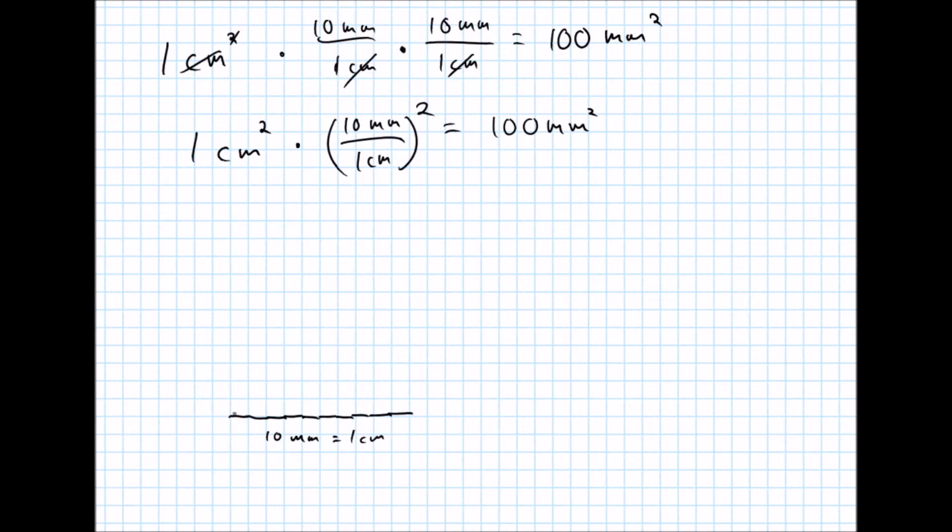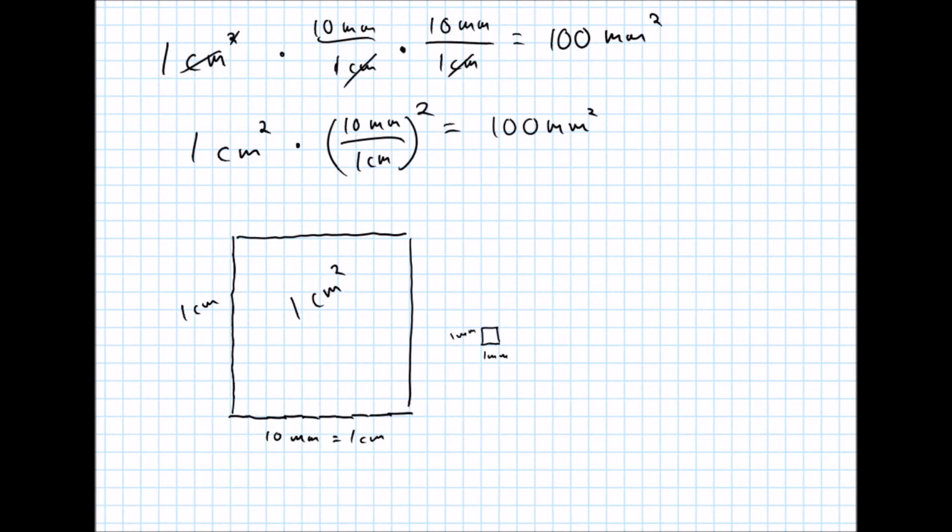Now, let's go up this way: 1, 2, 3, 10. This is also 1 centimeter. So this whole thing is 1 square centimeter, 1 centimeter squared of area. 1 millimeter squared is, of course, this: 1 millimeter by 1 millimeter.